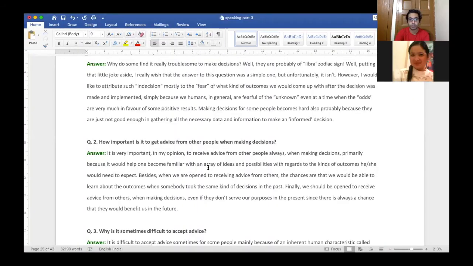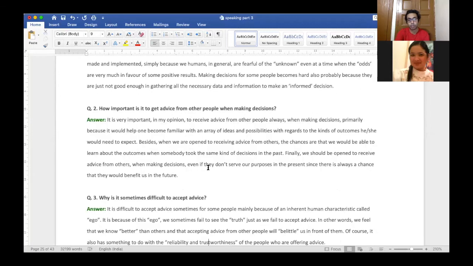So, how important is it to get advice from others when you are taking decisions? So, it is good, in my opinion, to receive advice from others when making decisions, right? Because they can support us with an array of ideas with regards to the outcomes they would need to expect.